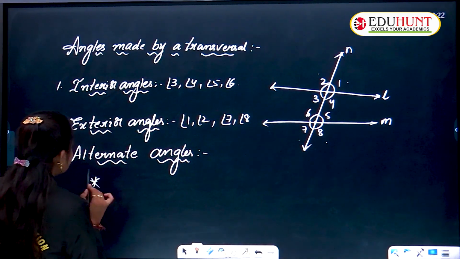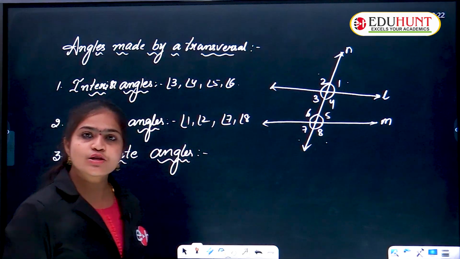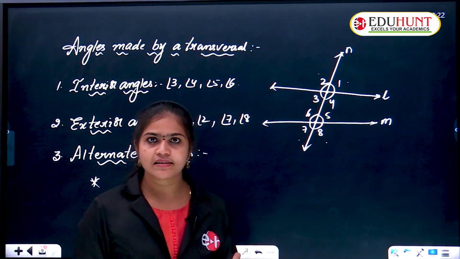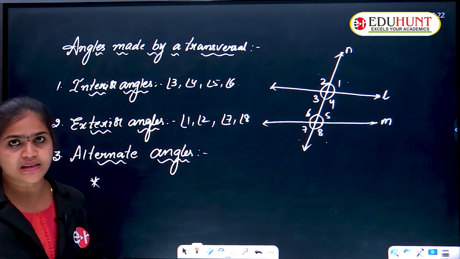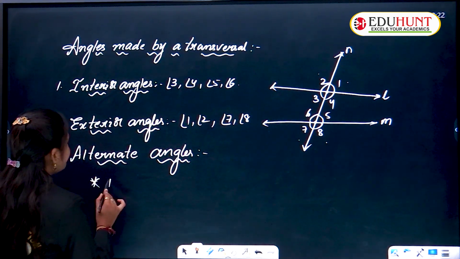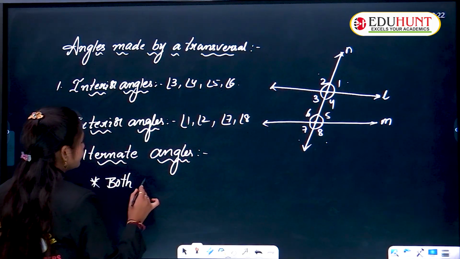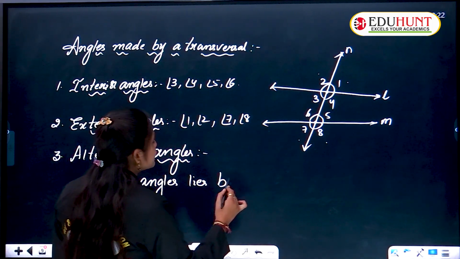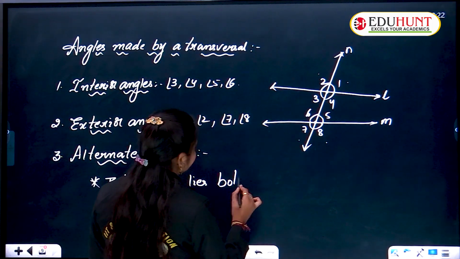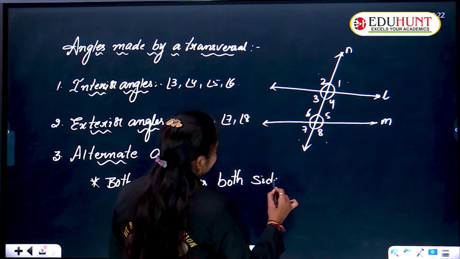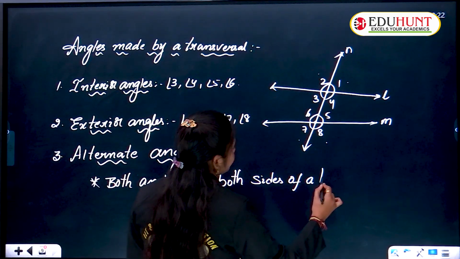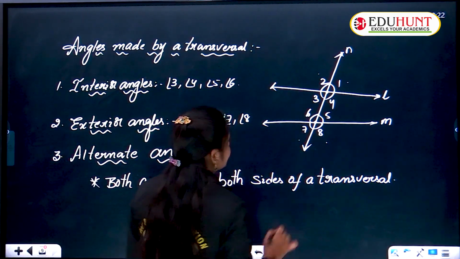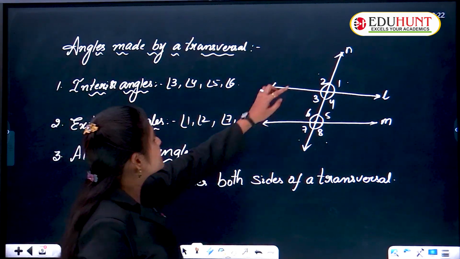The first point is that both angles, here pairs of angles we have to check. Pairs means two angles. Both angles lie on both sides of a transversal.